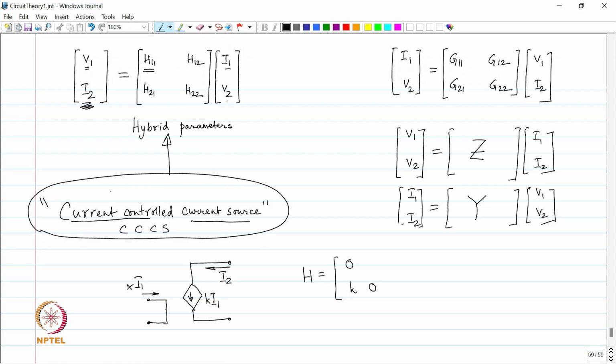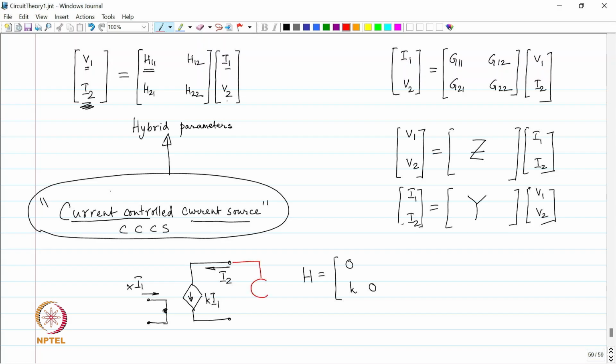Suppose there was some tiny resistance over here. Now, what will V1 be equal to? But I1 is 0, it is open circuit. What is the confusion over here? What is the experiment we are doing?